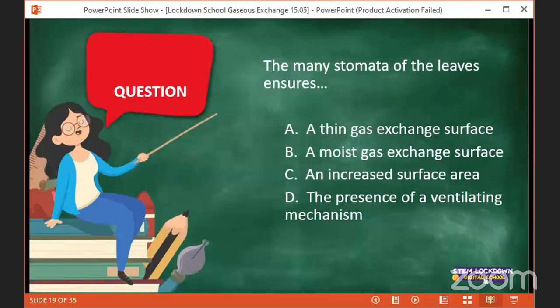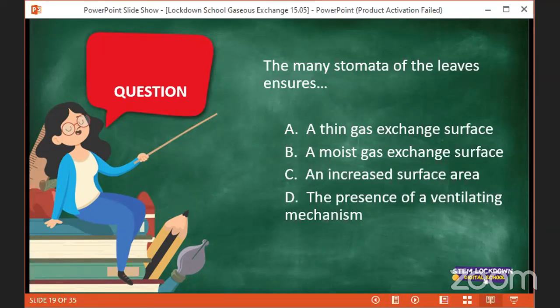Right, question. The many stomata of the leaves ensures A, a thin gas exchange surface, B, a moist gas exchange surface, C, an increased surface area, or D, the presence of a ventilating mechanism?